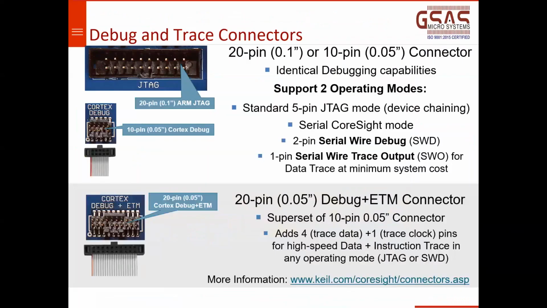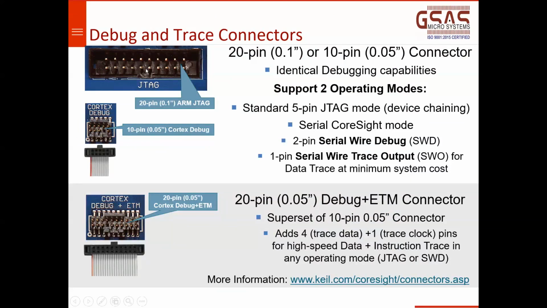Now coming to the trace connectors. This is a standard JTAG connector you might have seen on any hardware board. This is a 20-pin connector where the pitch between the pins is 0.1 inch. You have a 10-pin connector, which is also a JTAG port.